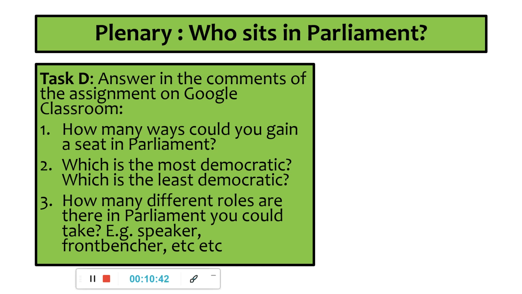There are loads of different roles in Parliament because our system of parliamentary government means that you have to be in Parliament to be in government. There are multiple roles in government that require you to be a member of Parliament as well. The Prime Minister is the most obvious example, but the Chancellor, any frontbencher member of the Cabinet, a junior minister, so not a member of the Cabinet, but a member of the government, and even backbenchers.